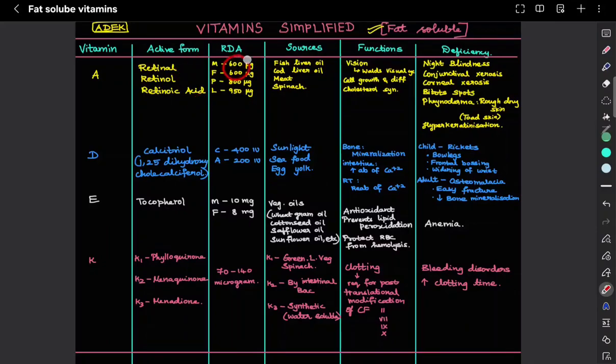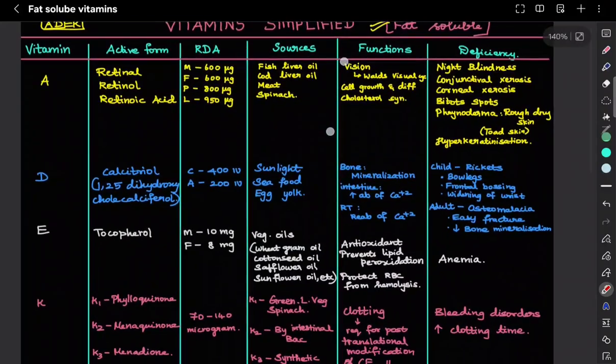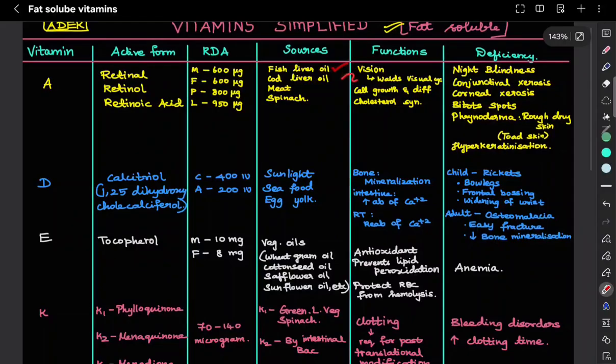In male and female we will require 600 micrograms, but in pregnancy and lactation we require a little higher. The sources of vitamin A are fish liver oil, cod liver oil, meat and spinach. So the function is mainly vision, then the deficiency causes night blindness, and it is also required for cell growth and cholesterol synthesis. Apart from night blindness, it can also cause phrynoderma, that is rough skin or taut skin.